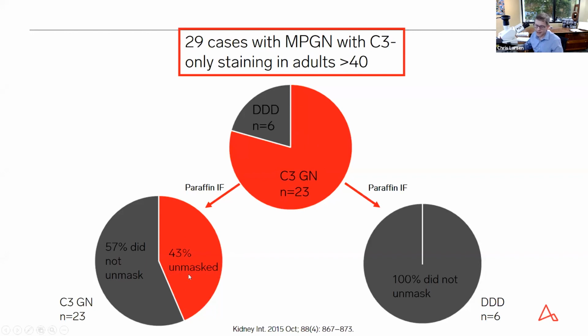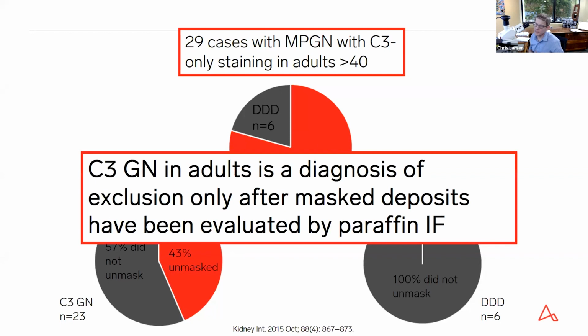So not quite half, but getting close. So for this reason, and I think some people have brought this up in the comments, we often recommend that C3GN be a diagnosis of exclusion, particularly in adults, only after we've evaluated for masked deposits by paraffin immunofluorescence.